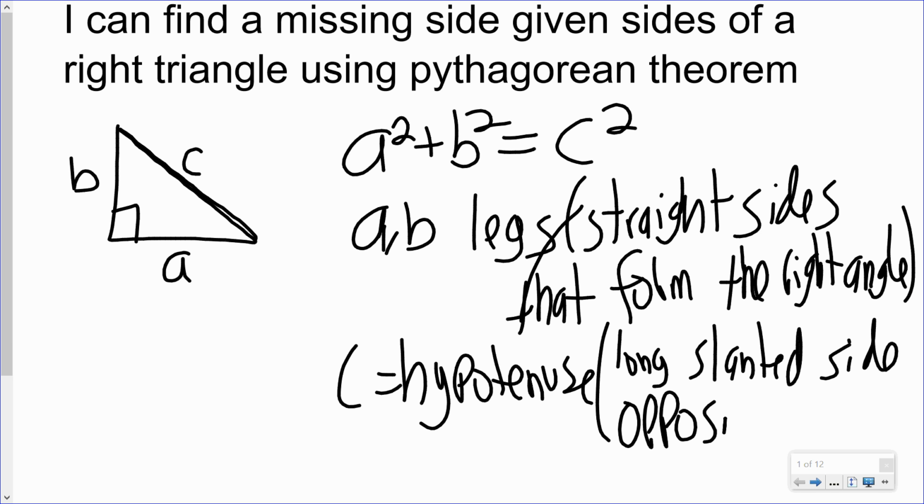The hypotenuse is always the longest side. It's always opposite the right angle. The legs are the straight sides which make up the right angle.